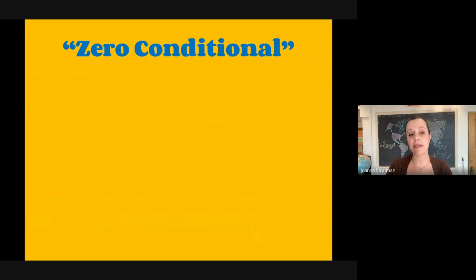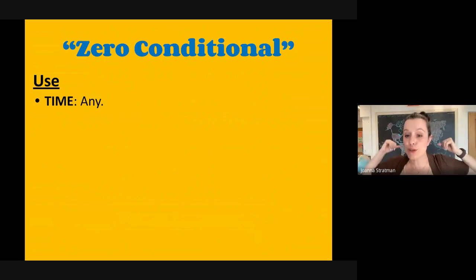So this means that we can use this in any time. Because something that happened in the present, like melting butter in the pan, was also true in the past. If you melted butter in a pan 100 years ago, it also would melt.